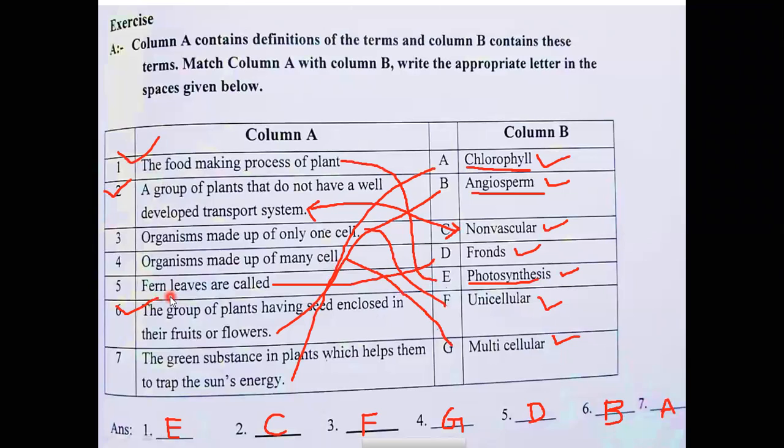Number 5 is ferns leaves are called fronds. Number 6 is the group of plants having seed enclosed in their fruits or flowers are called angiosperm. Last and final is the green substance in plants which helps them to trap the sun's energy is called chlorophyll. Okay, dear students, you will do this one in your book and you have to read page number 32, page number 33 and page number 34 two times.